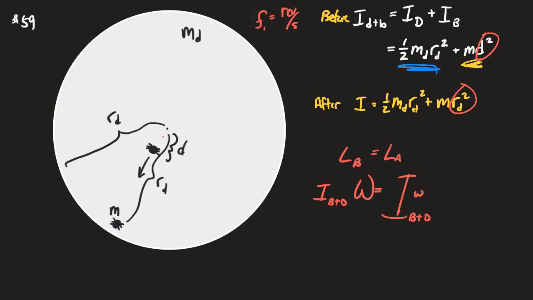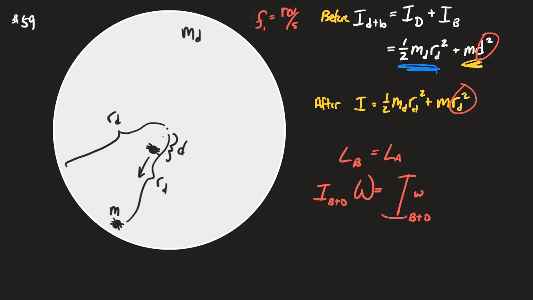That's what's hard. And that's what I'm trying to emphasize, is that in this problem, the momentum is conserved, but the energy won't be. The bug does work on the disk when he walks on the disk, and the disk does work on the bug, and it's not equal amounts.